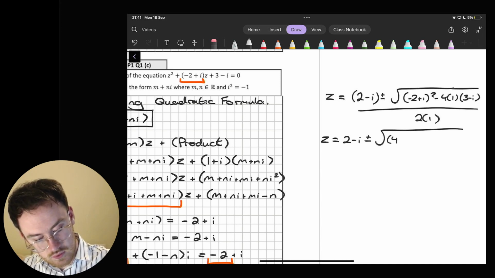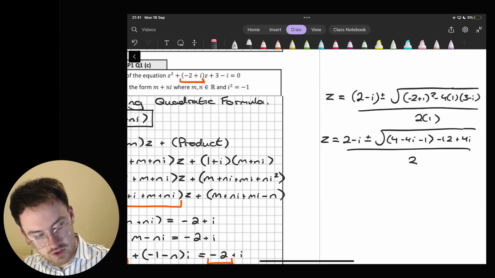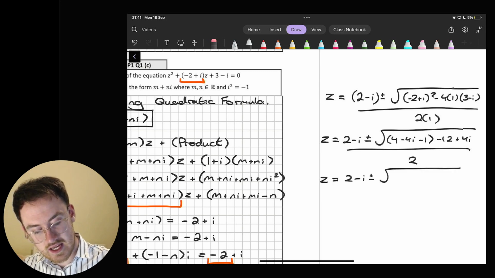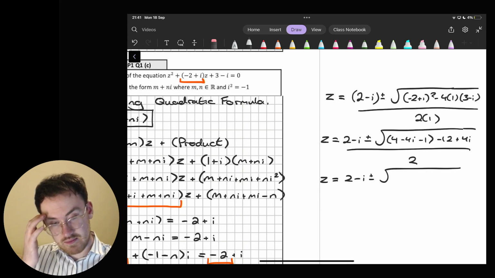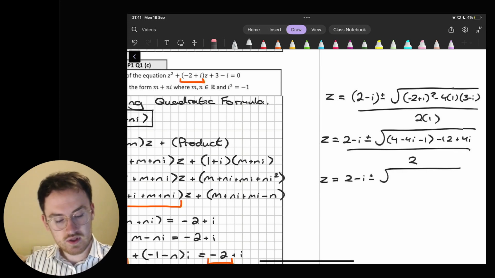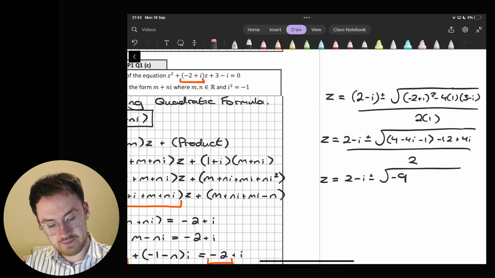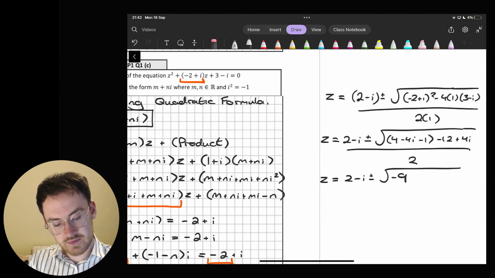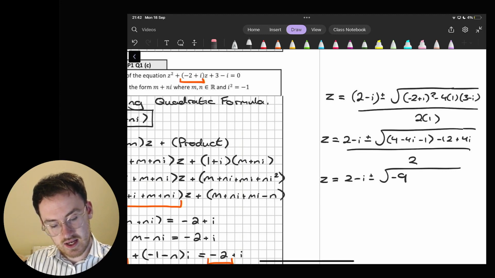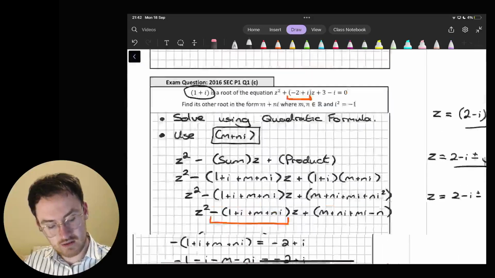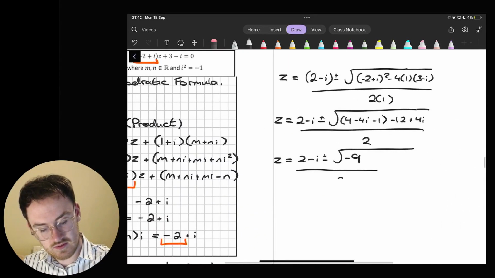And again, just simplifying down as best we can. So we get 4 minus 4i, i squared giving me minus 1 there, and minus 12 plus 4i, all over 2. And what we're expecting to happen is for our i parts to simplify down here. So we get 3, so minus 9. And on the bottom here we just have 2.